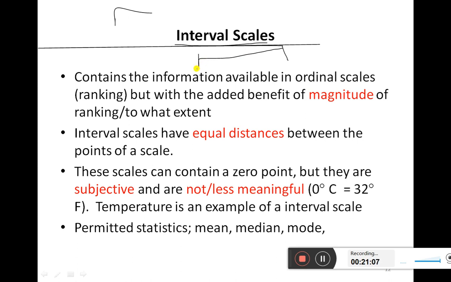For example, that is status 1, that is status 2, that is status 3, that is status 4, and here you have 5. That is status very low category, and that is very high category.